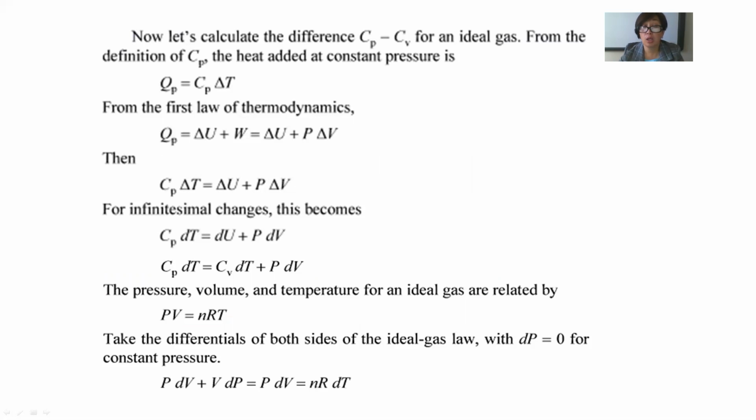We now calculate the difference Cp minus Cv for the ideal gas. We know the definition of Cp, the heat added at constant pressure.